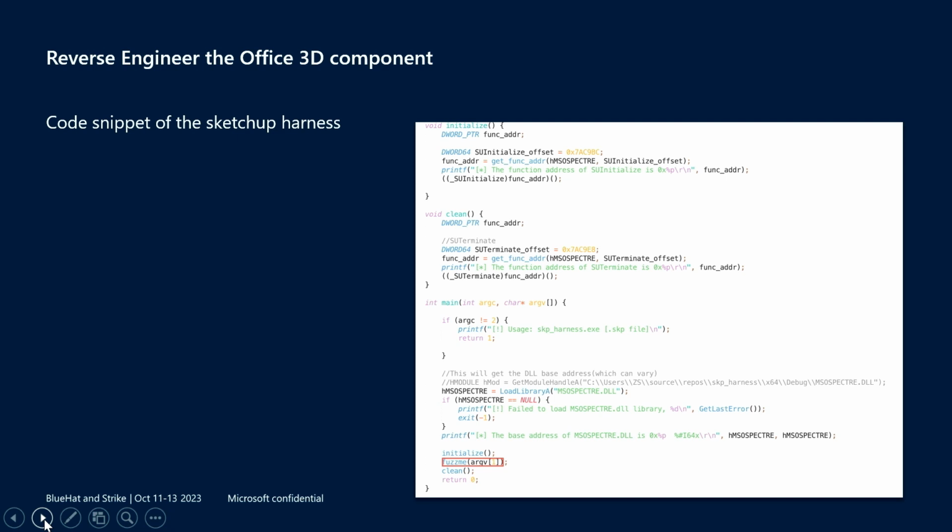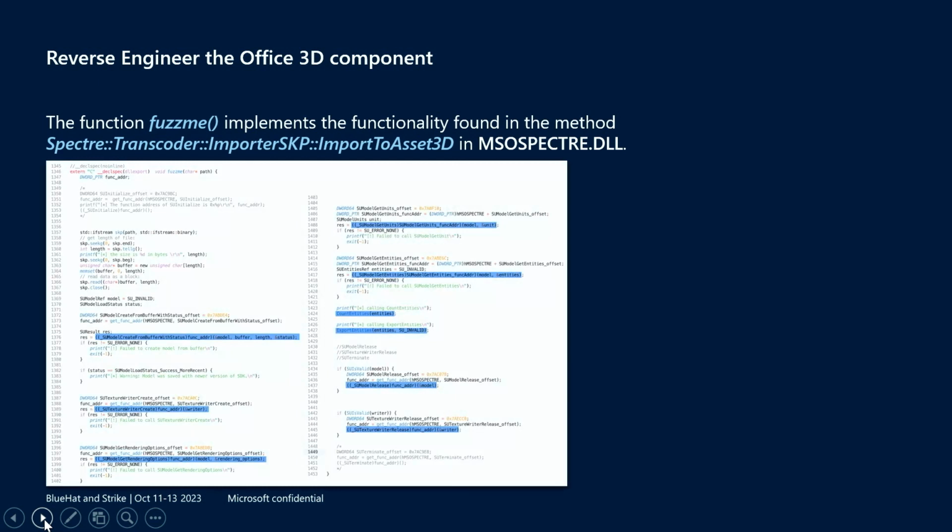Finally, to wrap things up and ensure proper cleanup, the function SU terminate must be called. Here's the function fuzzme, which implements the functionality found in the method import to SS3D in the MSOSPECTRE dynamic library.